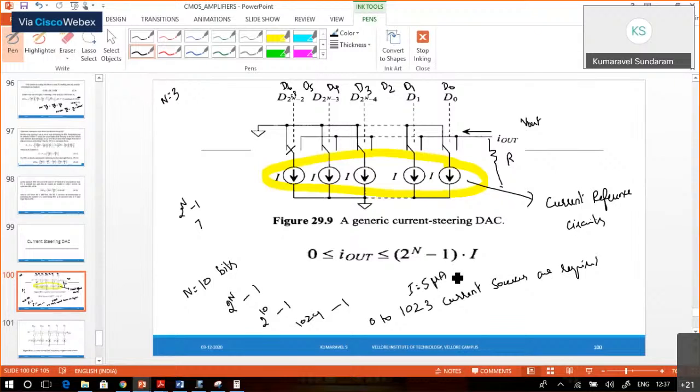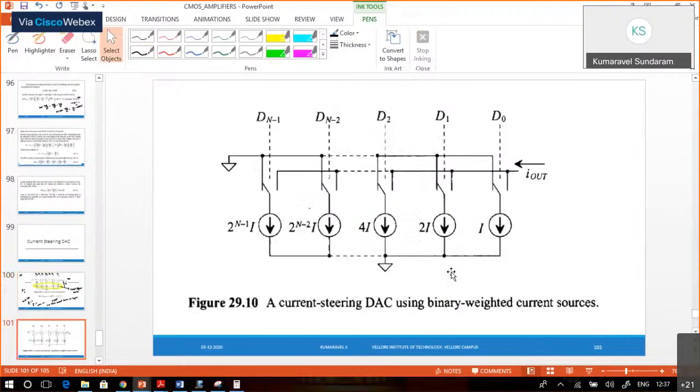So similar to the resistor string DAC, where we move from thermometer to binary, here also we can go with a binary type of current steering DAC. Binary type of current steering DAC means I, 2I, 4I, 8I, 16I, like that.